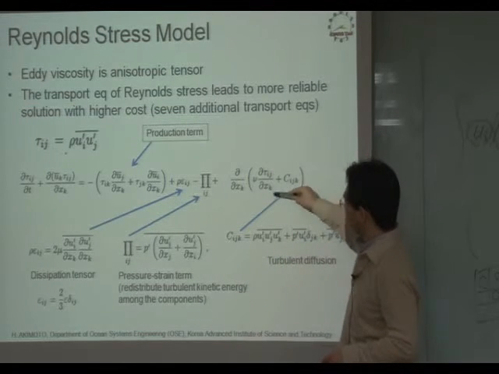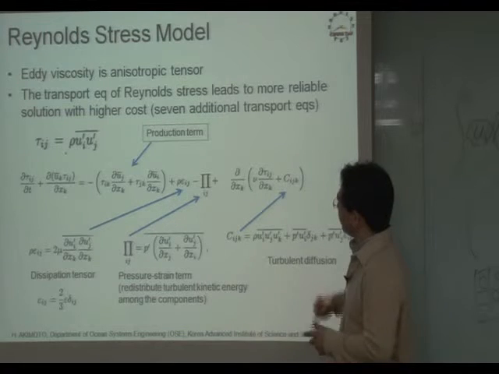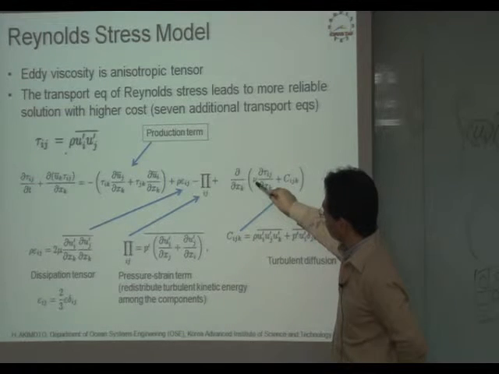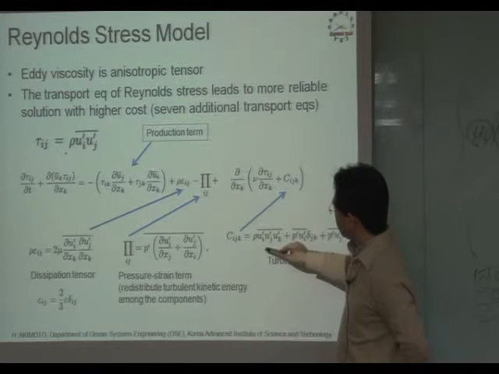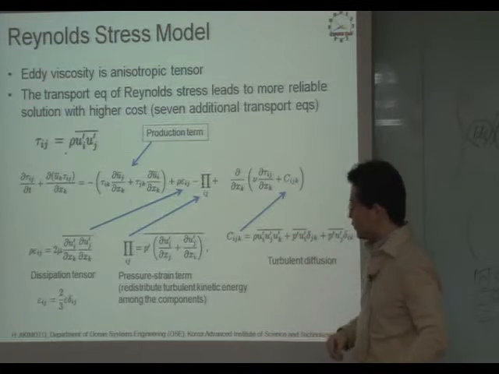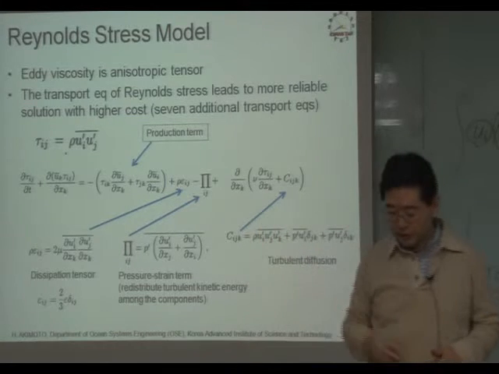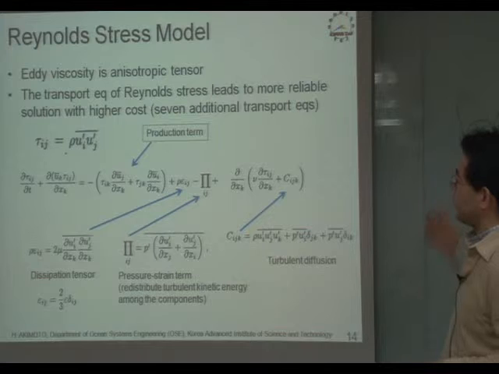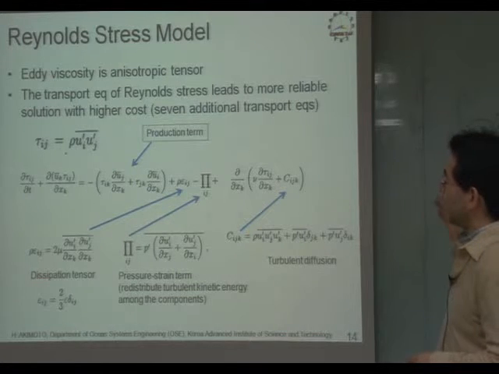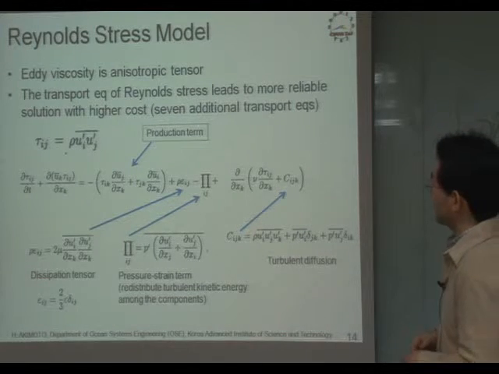This one is a diffusion term because it has this diffusion coefficient, and the structure is similar to the previous diffusion terms that appeared in k, omega, and epsilon equations.